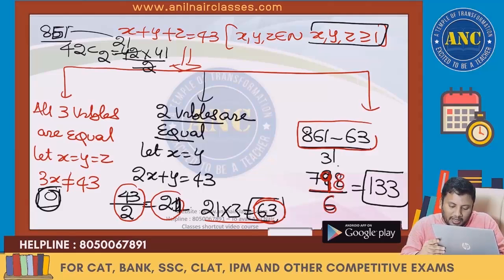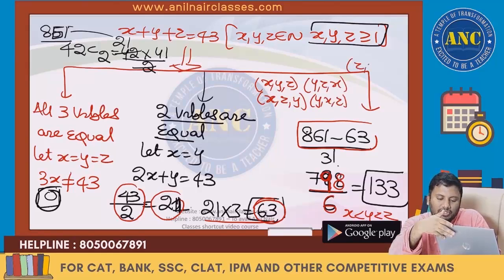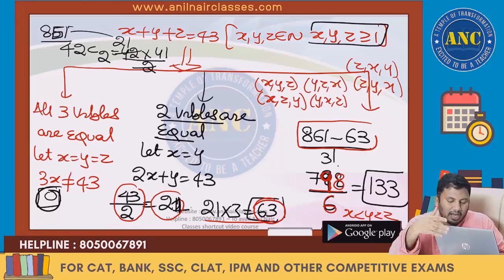Why dividing by 6? If the case is x less than y less than z. If three variables are there, they can be arranged as x, y, z; x, z, y; y, z, x; y, x, z; z, x, y; and z, y, x. Depending upon the question, I will do it.